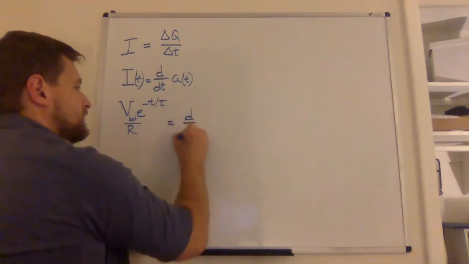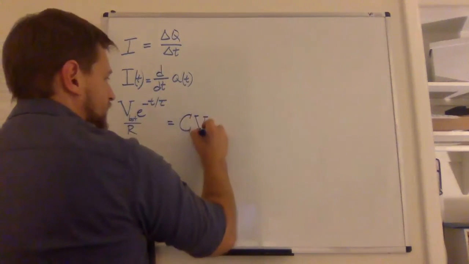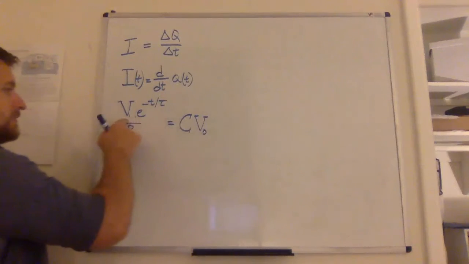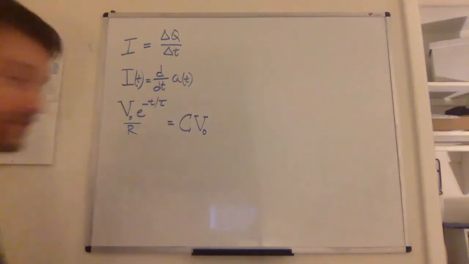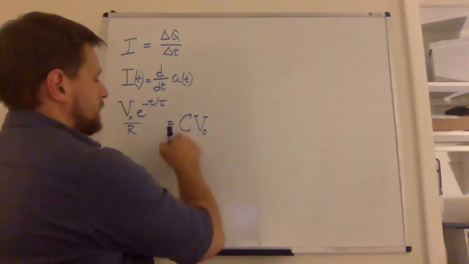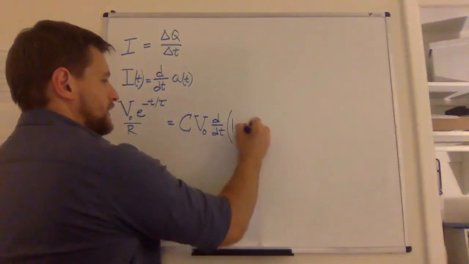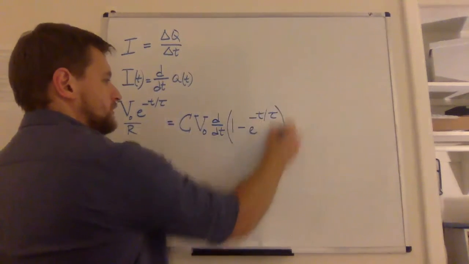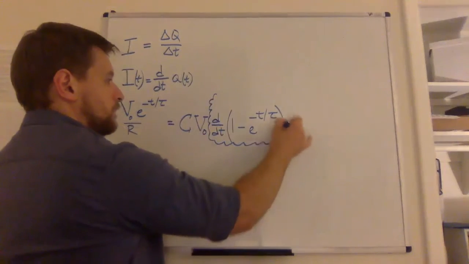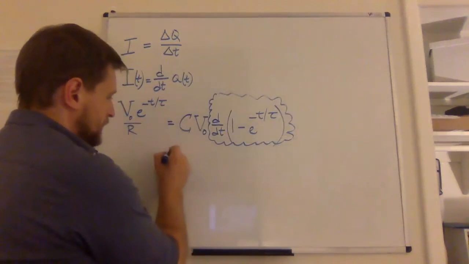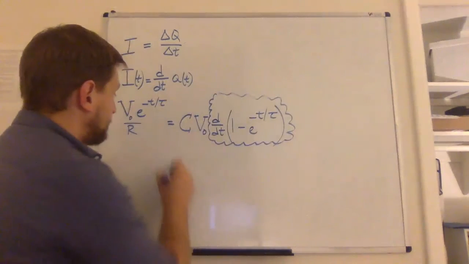That was the rate of change, but we pulled out the capacitance and the total potential difference we expect across the capacitor, times the rate of change of 1 minus e to the negative t over tau. But this thing is what I just said was e to the negative t over tau.